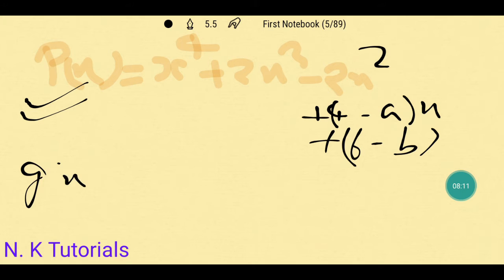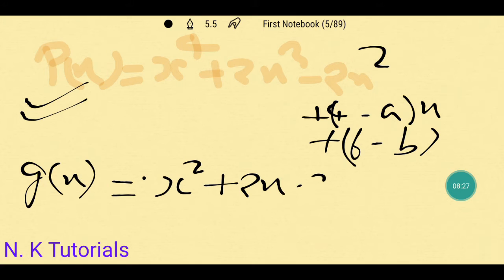We will move to g(x), that is the divisor, and find the factors of this one. x square plus 2x minus 3 can be written as x square plus 3x minus x minus 3.